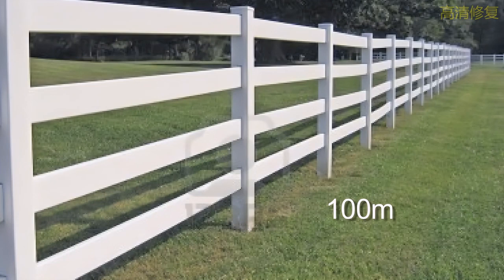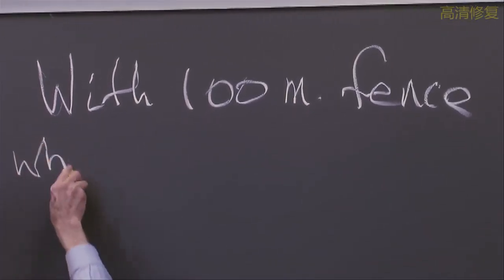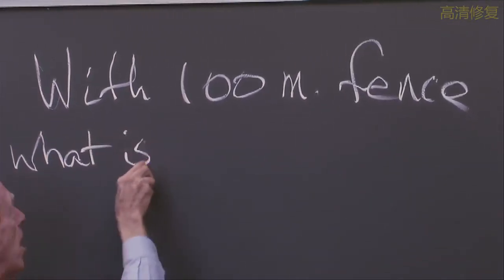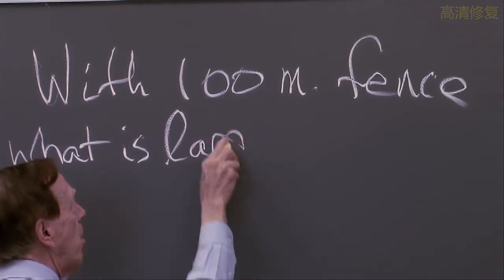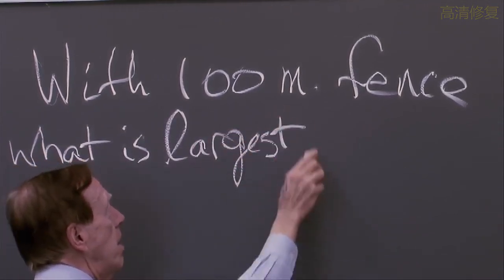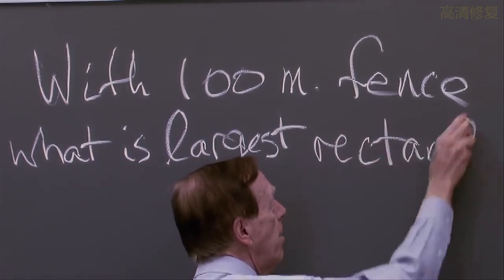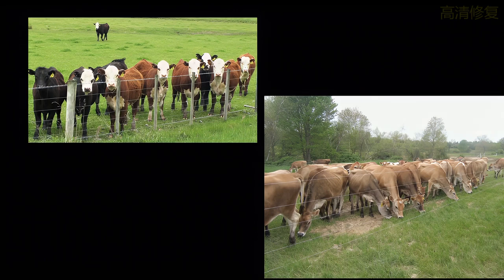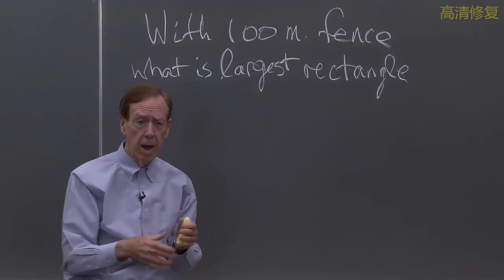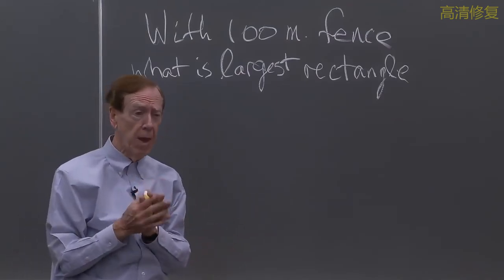My question is, what is the largest rectangle? I'm a farmer. I want to fence in my cattle, give them as much area as possible for feeding, keep them under control. I've got that much fence, and what shape rectangle should I construct for them?